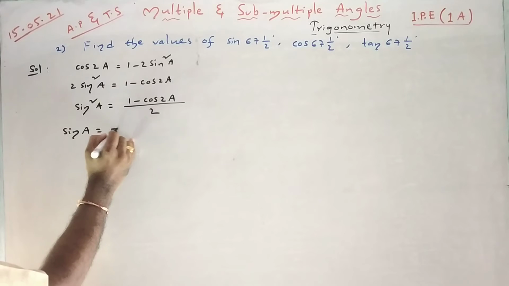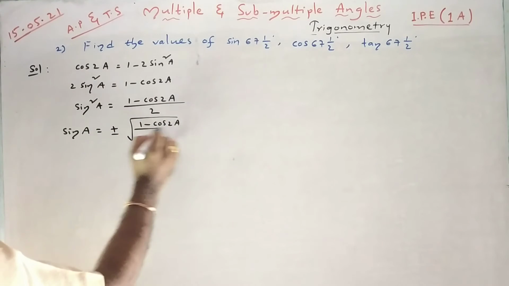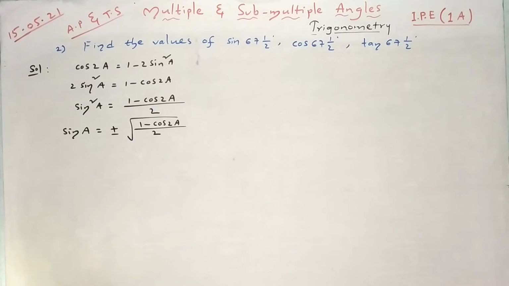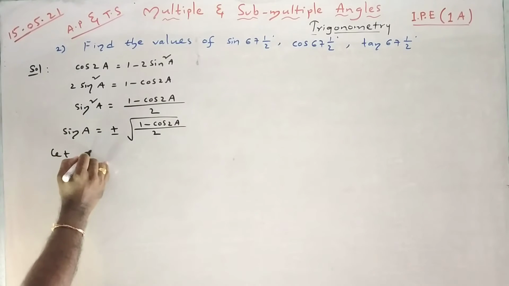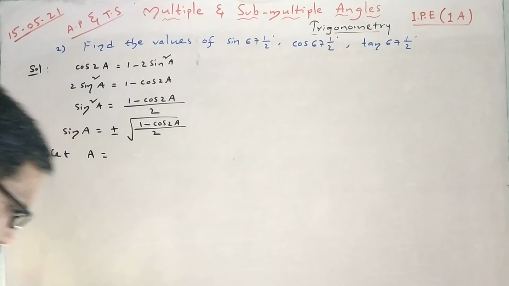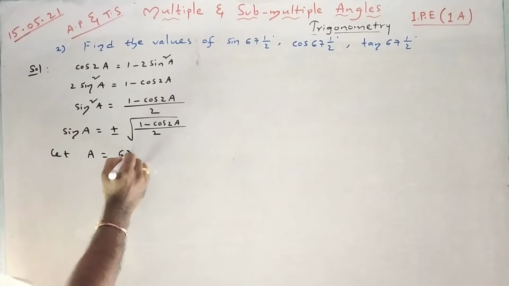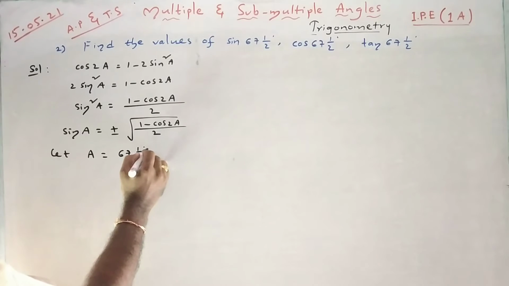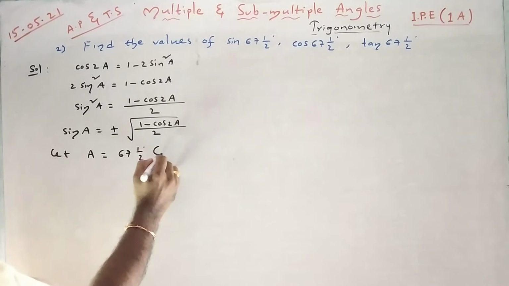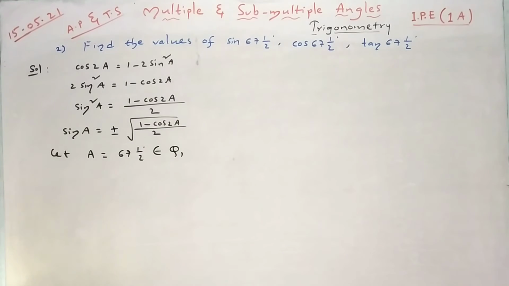Sin a equal to plus or minus root of 1 minus cos 2a by 2. Right? Now in the place of a, let a equal to 67 and a half degrees. It belongs to Q1 because angles below 90 are in Q1, so we will take positive only.